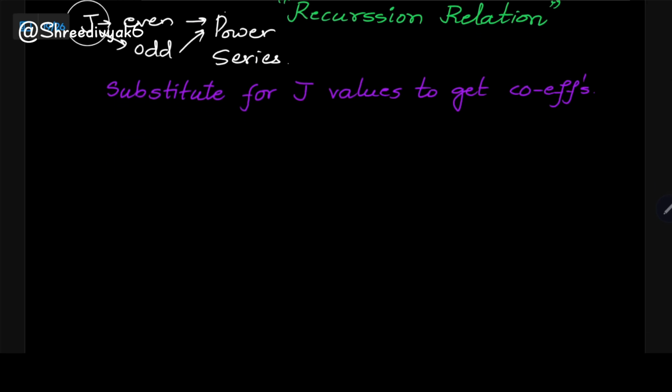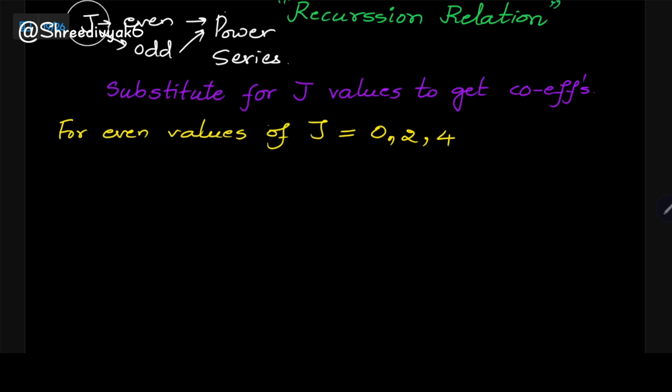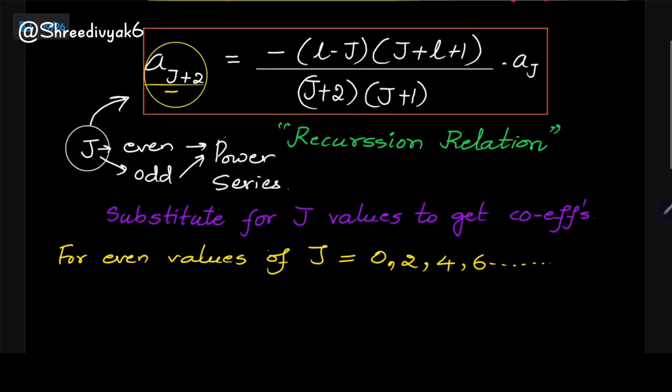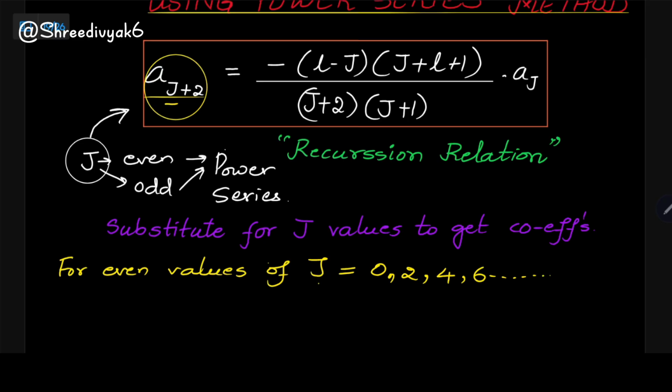First, let us consider even values of j. I'm talking about the values 0, 2, 4, 6 and so on. Now we are going to use these j values and get the coefficients here.